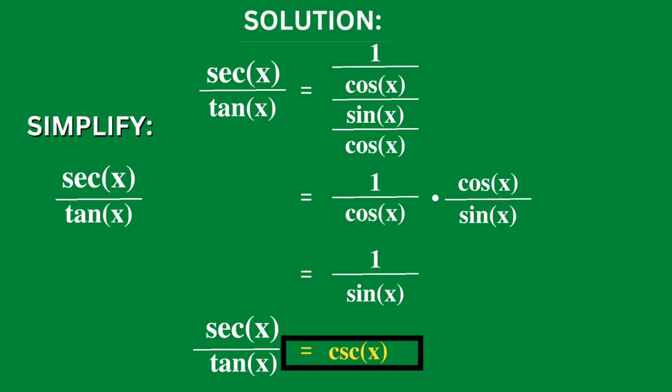And then simplify by using the reciprocal identity. The reciprocal identity of 1 over sine x is cosecant x. Therefore, secant x over tan x can be simplified into cosecant x. That's all.